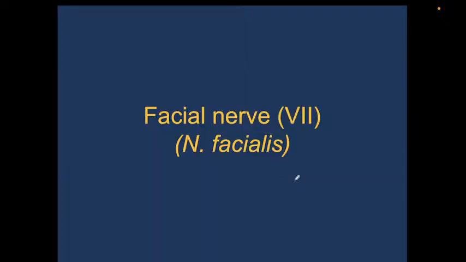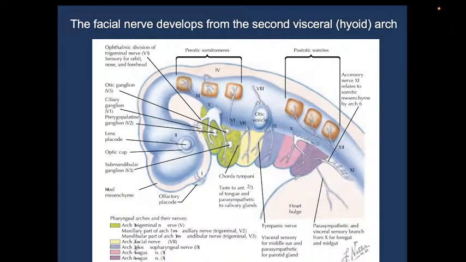And we start from the facial nerve, the cranial nerve number 7. In Latin, we call this nerve nervus facialis. Let me remind you of the origin, the development of the facial nerve. We discussed it last lecture, but let me repeat it again.